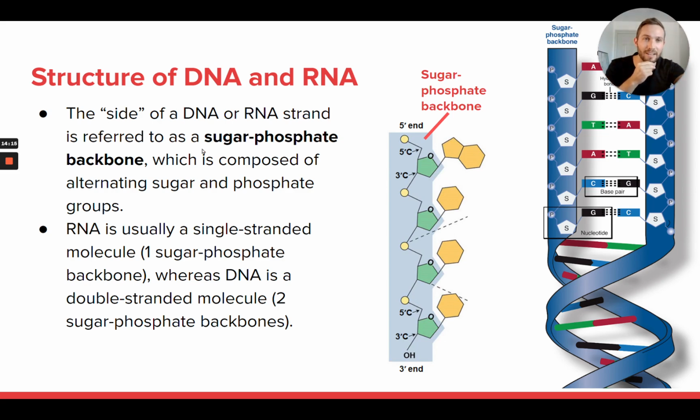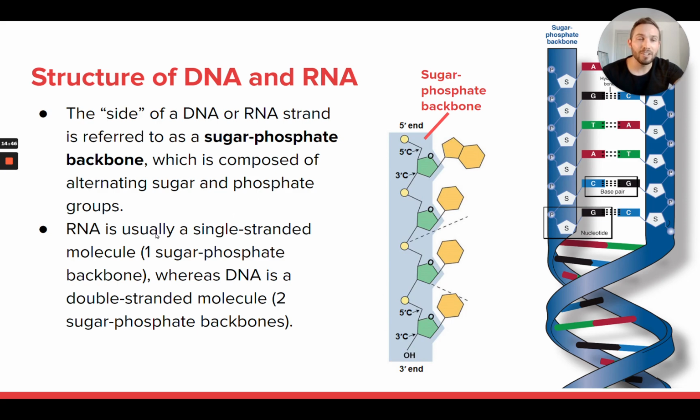A lot of times, specifically for DNA, we say it's like a twisted ladder, and the sides of that molecule, even in RNA, when you have a polynucleotide, are called a sugar phosphate backbone, which is just a bunch of sugars and phosphates alternating. So you have phosphate, sugar, phosphate, sugar, phosphate, sugar, phosphate, sugar. That's the sugar phosphate backbone. And then you have these nitrogenous bases sticking out. That's the basic setup here. That's true for DNA, that's true for RNA. They both have a sugar phosphate backbone.